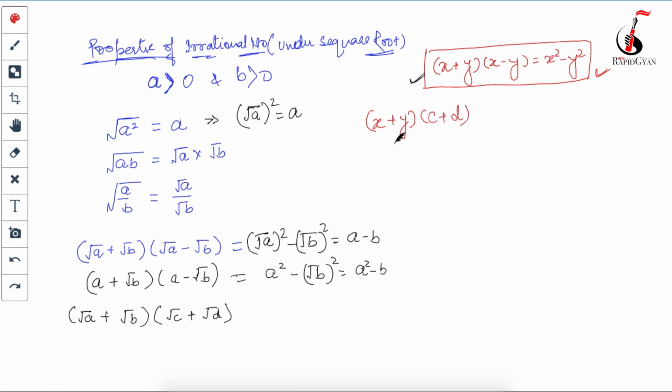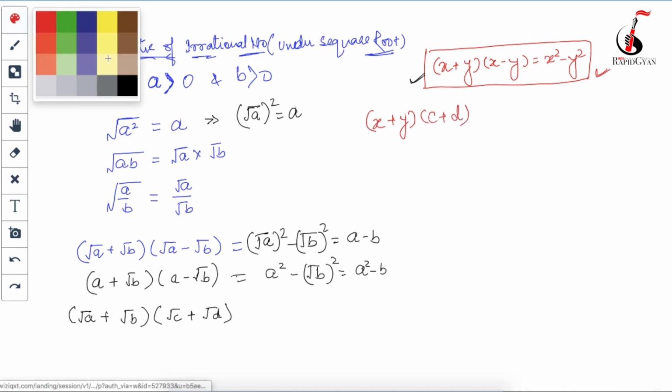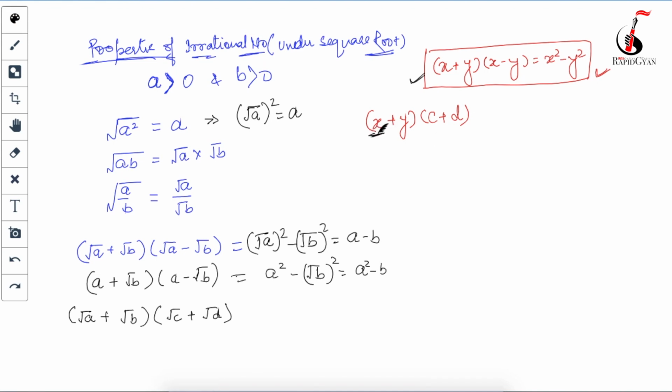First we take x and multiply it with c and d, so x times c plus x times d. Then we take y and multiply with both c and d, so plus y times c plus y times d.